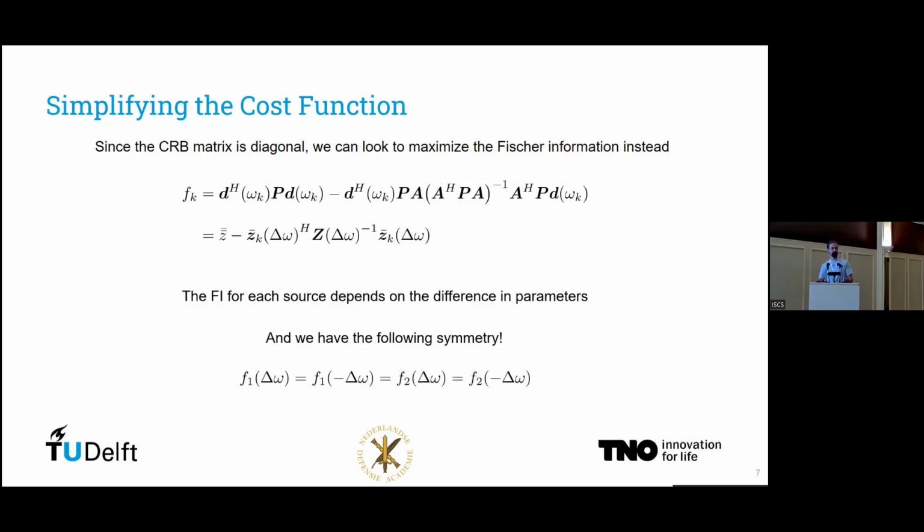You see the same thing with side lobe levels: if you have two unit power signals, they influence each other essentially in the same way. So not only do we only have to look at the delta omegas, the differences in angle of arrival, we also only have to look at positive differences. So we've made our problem a bit smaller in that sense.